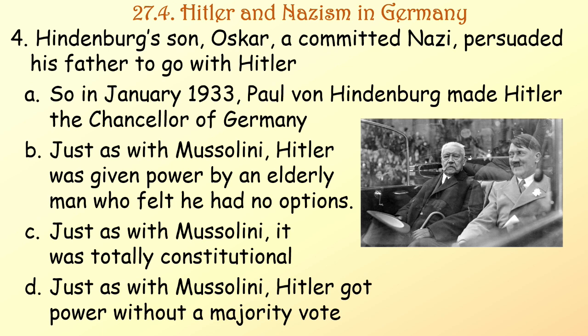So in January 1933, Paul von Hindenburg made Hitler the Chancellor of Germany. Just as with Mussolini, Hitler was given power by an elderly man who felt he had no options. Just as with Mussolini, it was totally constitutional, and just as with Mussolini, Hitler got power without a majority vote.